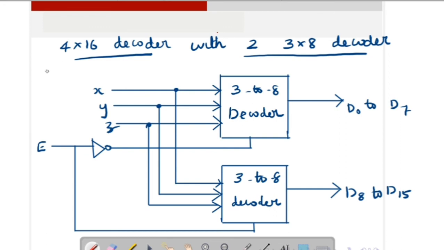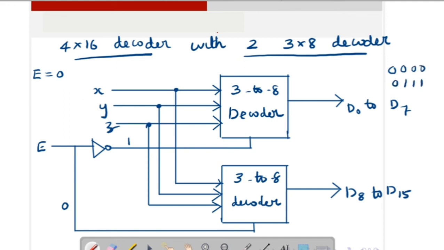So when E is equal to 0, here we get 1 and here it is 0. So the top 3/8 decoder is enabled, and the bottom one is disabled. So bottom decoder outputs are all zeros, and top decoder generates D0 to D7, that is 0 0 0 0 to 0 1 1 1.